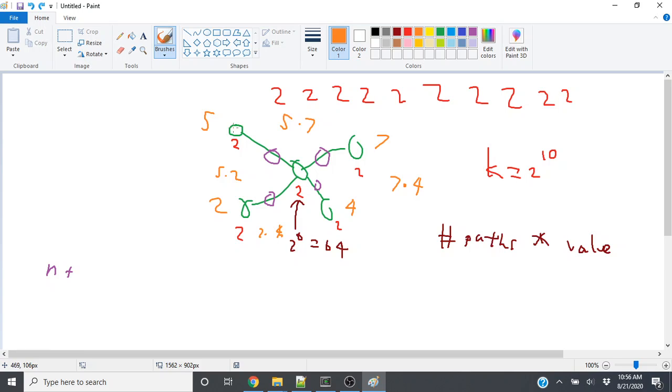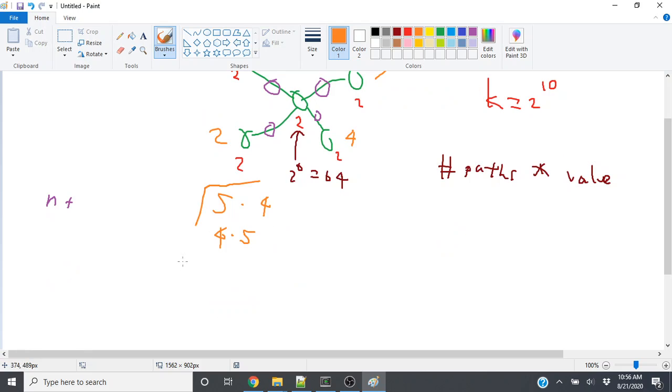So it's essentially pairing all things together and then multiplying them. But that's annoying. So there's a better way we can do this: we're going to count both 5 times 4 and 4 times 5, and then we can divide by 2 since we count both of these twice.